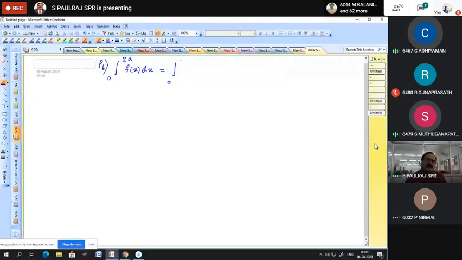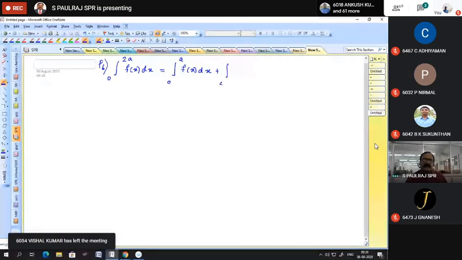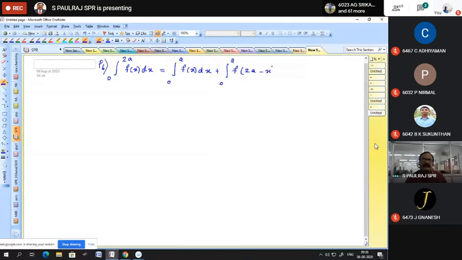Integral 0 to a of f of x into dx. Understood this one or not? Next plus integral same 0 to a of f of 2a minus x into dx.